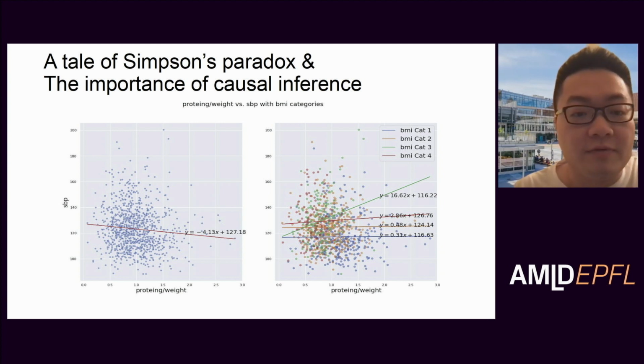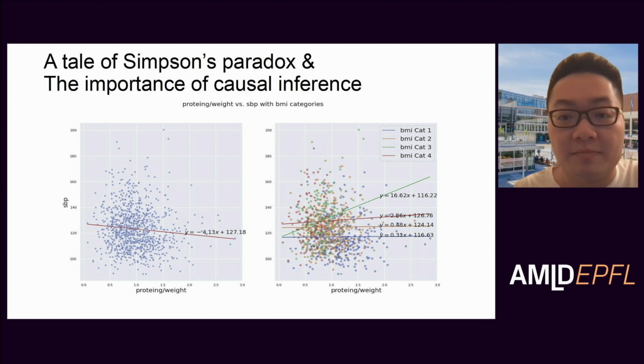Indeed, if we do subgrouping according to BMI, indicating the obesity level, we find a positive correlation between protein intake and blood pressure, which is shown in the right plot. The right plot is more intuitive.